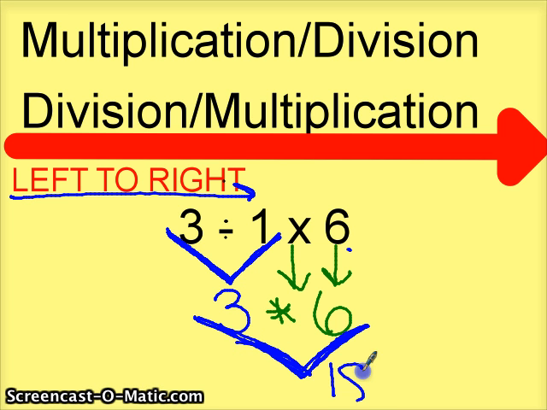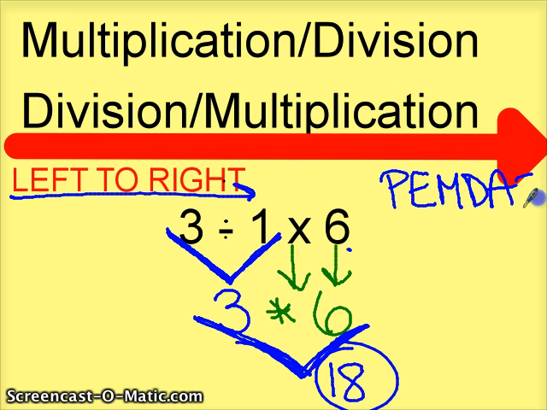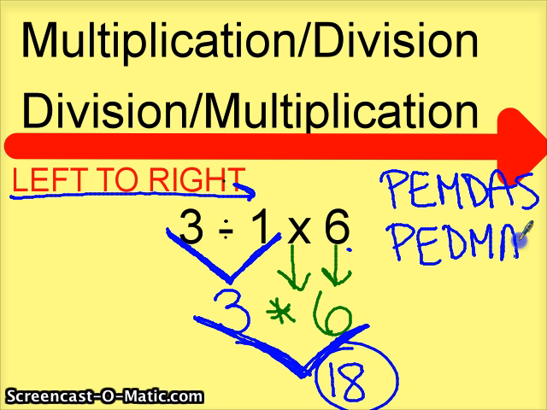The answer is 18. Circle it nice and big. So remember, we do multiplication and division from left to right. Technically, if you're remembering PEMDAS, it can also be written as PEMDAS, depending on the context.